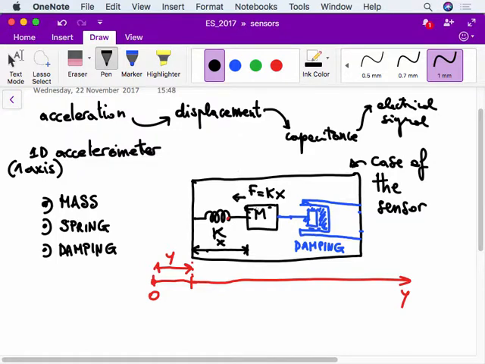So if we write the equation of motion for the mass, we have something like the force acting on the mass is equal to minus kx, and of course the force is equal to the mass times the acceleration, and the acceleration has to be written as the second derivative of x plus the second derivative of y, because the actual position of the mass with respect to the reference system is x plus y.